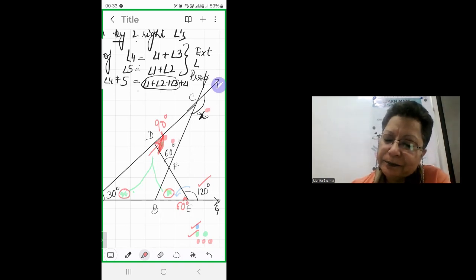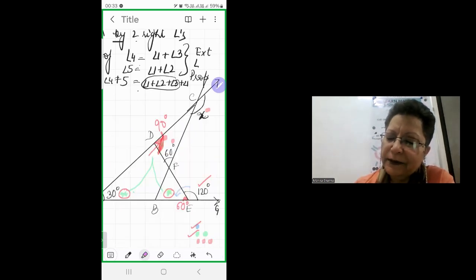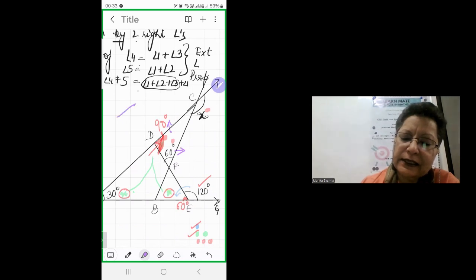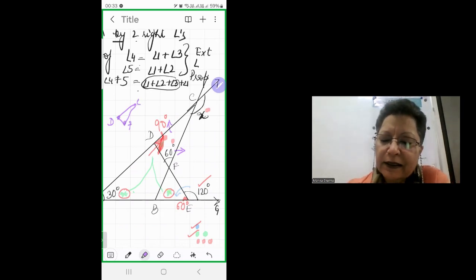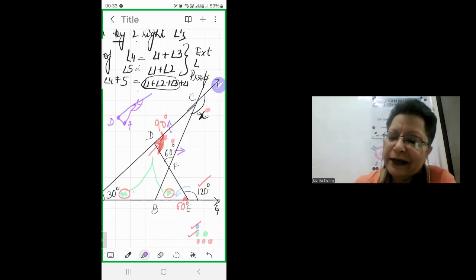If I look at this here, this 60 and this 90, for the triangle DCF, this and this are the interior angles for this particular point, which is your angle X. Now, therefore, angle X is going to be the sum of the two interior angles which have been marked as pink, which are 90 plus 60. So, angle X is going to be nothing but 150.